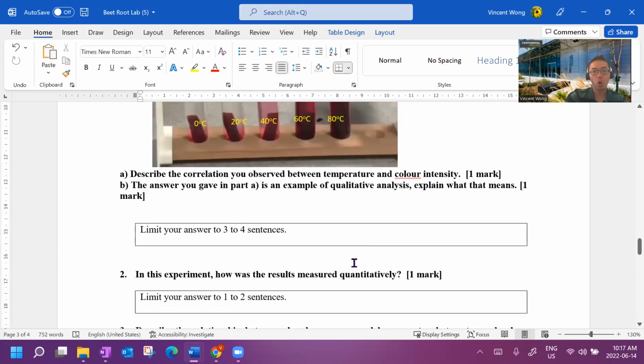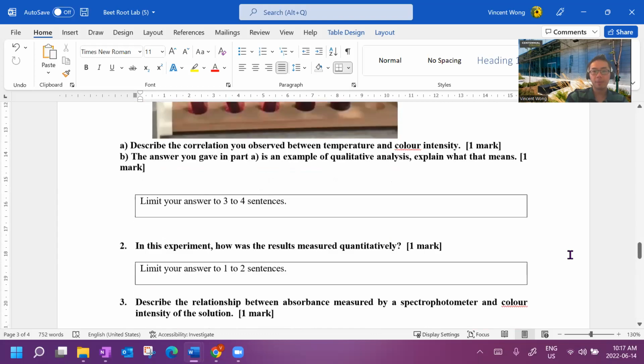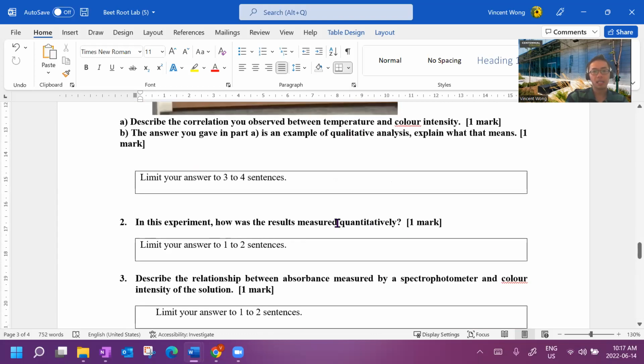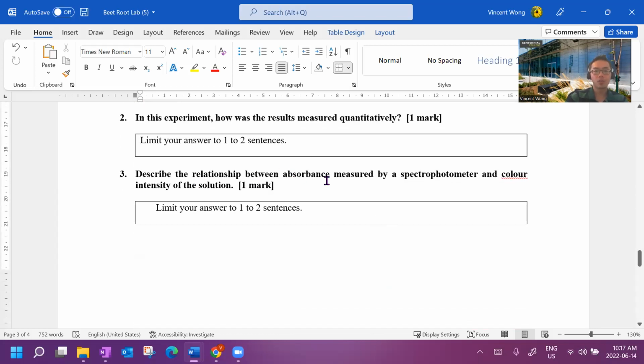And qualitative and quantitative, people tend to have confusion surrounding that. So in this experiment, how was the result measured quantitatively? These answers could be found in lecture 1. Okay, there is a slide for quantitative and qualitative if you need to refresh your memory on it. Describe the relationship between the absorbance measured by the spectrophotometer.